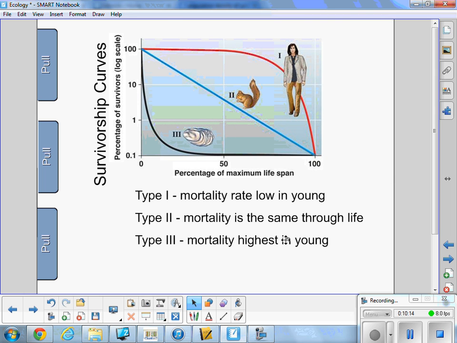Species like us that have a type 1 survivorship curve have a very high survivorship throughout life. We live a lot longer than these other organisms. So let's say the typical age of an individual is 70 or 80, because we're getting a little better with healthcare now.